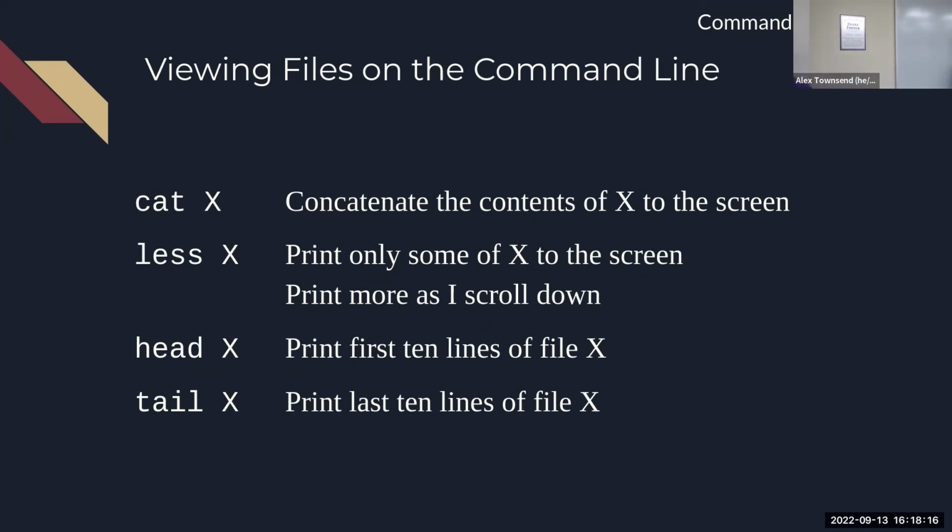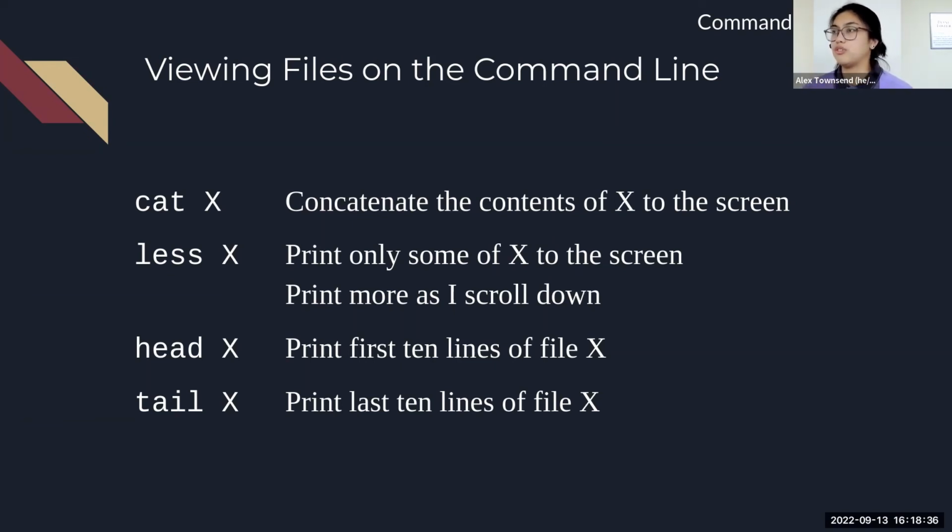To get into viewing files on the command line, there are 4 different options. What cat will do is, cat space and then the file name will output all of the contents of the file onto the screen all at once.